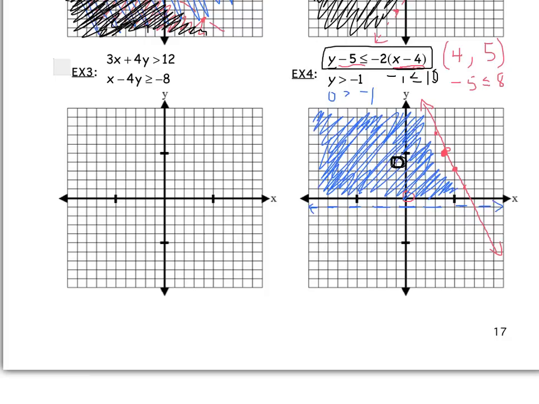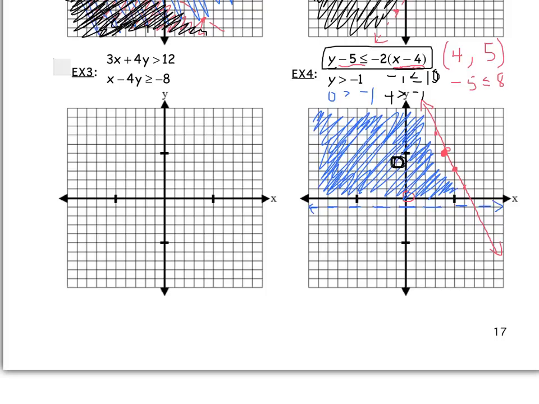That is a true statement, and all points in this region will work. If I also plug in the point negative 1, 4, I get 4 is greater than negative 1, which is also a true statement. So notice that this point works for both.